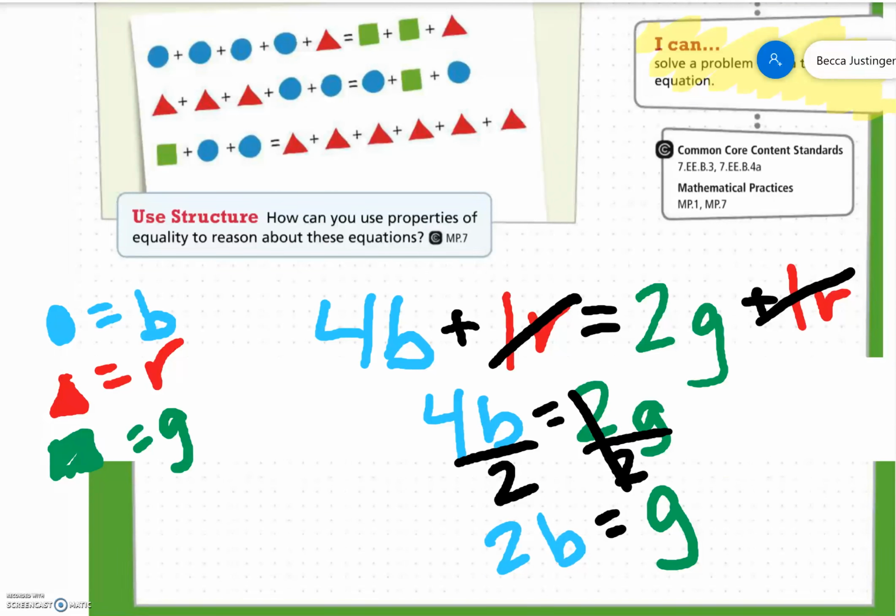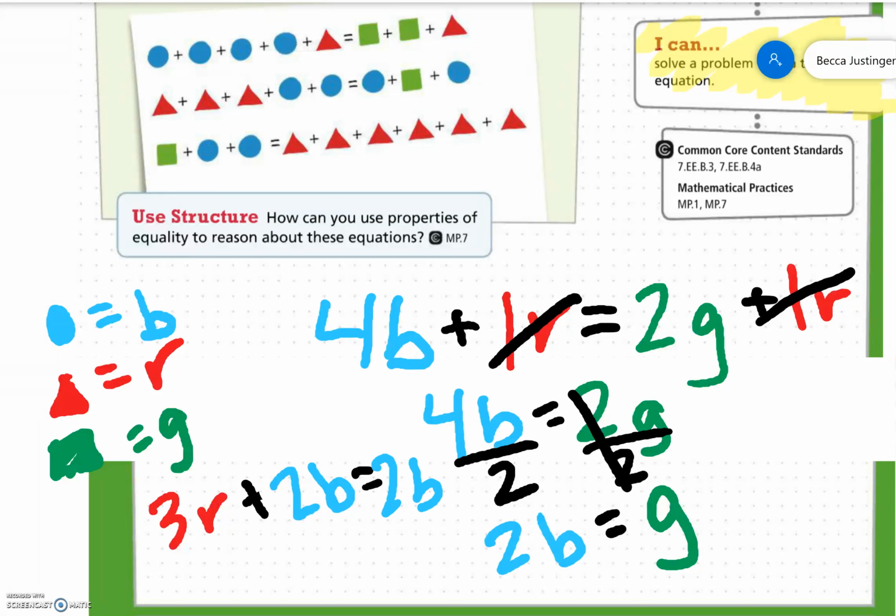Now we have the second line. There's 3 red triangles plus 2 circles, and that is equal to, again, 2 circles plus 1 green.